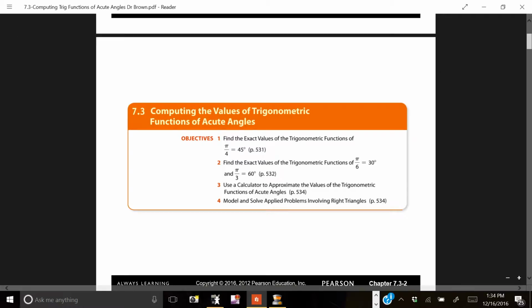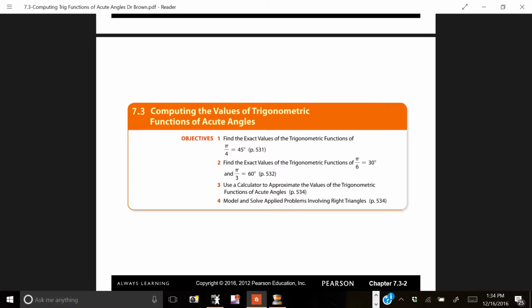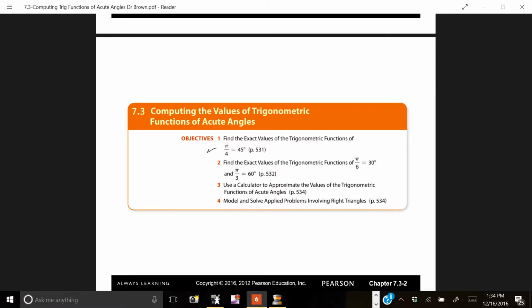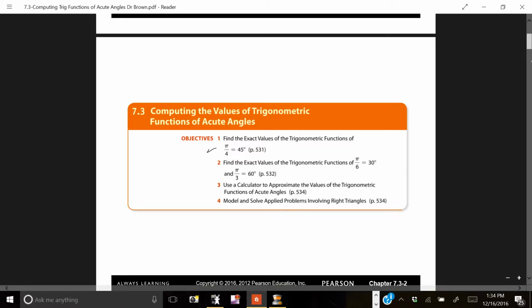We're first going to look at an isosceles right triangle and compute the trig functions for a 45-degree angle, which is pi over 4. And then we're going to find the exact values of the trigonometric functions of pi over 6, which is 30 degrees, and pi over 3, which is 60 degrees.